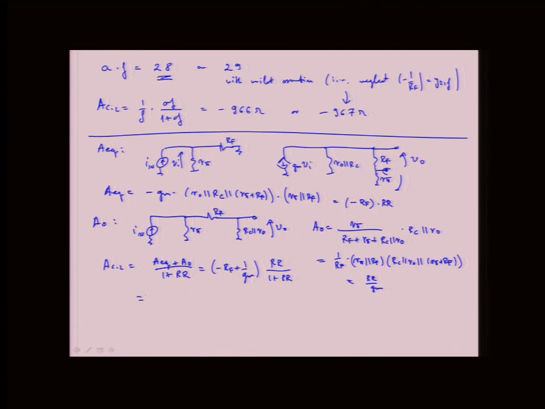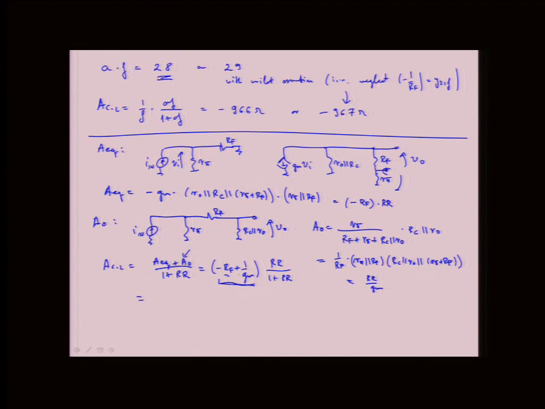And if you take a look at this, here we only took into account this minus 1 over RF factor, which is the feed forward through the feedback network, when we computed A0. So that affected just a normal A equivalent gain by this correction.